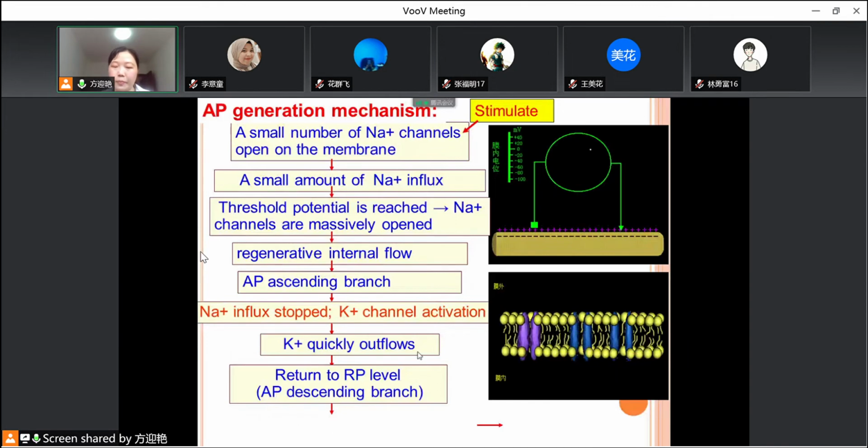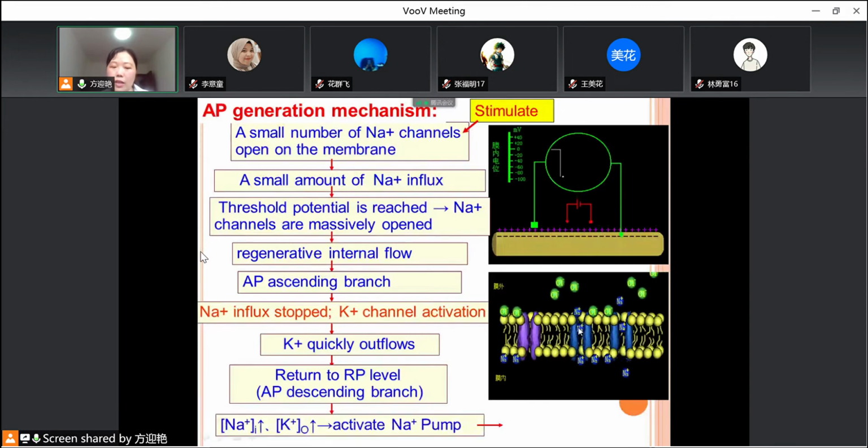During this period, the sodium concentration inside the cell increases and the potassium concentration outside increases, so the ion concentrations change.